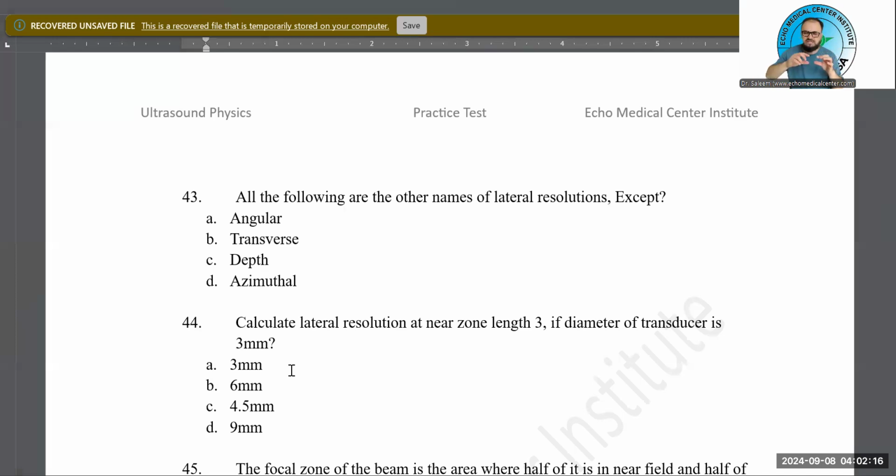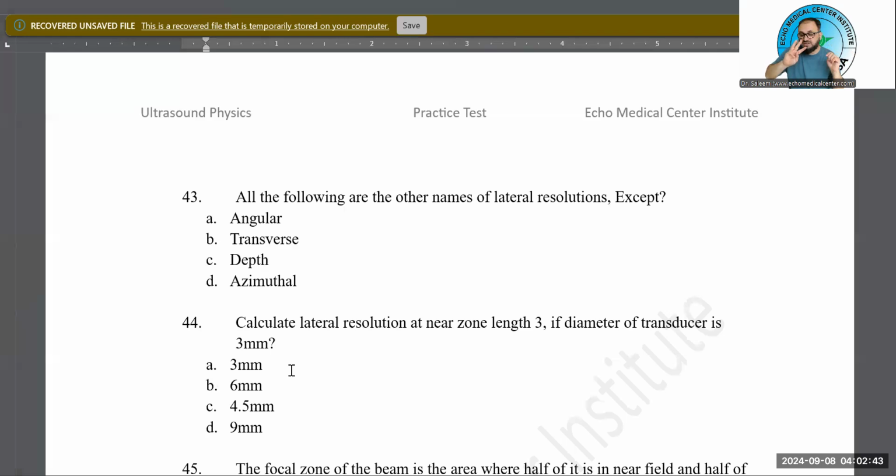Why? Because we said the lateral resolution is determined by the beam diameter, and the formula is that at NZL1, the beam diameter is equal to half of the transducer diameter. The transducer diameter is 3 millimeter, so at NZL1 it will be 1.5. At NZL2, it will be equal to the transducer diameter, which is 3 millimeter.